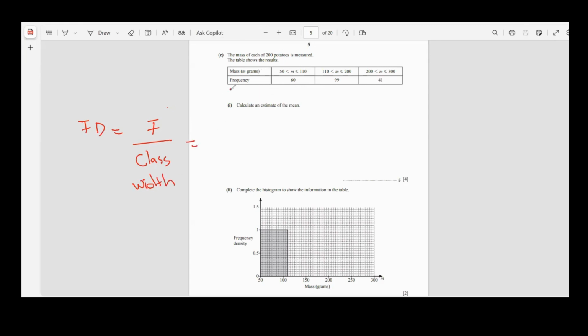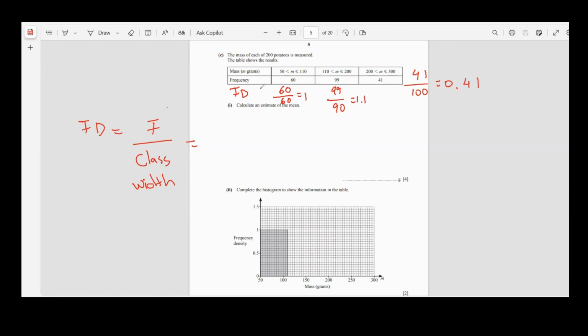So the first one, the frequency density will be 60 over 60, so it equals 1. And then the second one, frequency 99 over 90, so 99 divided by 90. So we got 1.1. And then the last one is frequency divided by the class width, so 0.41.